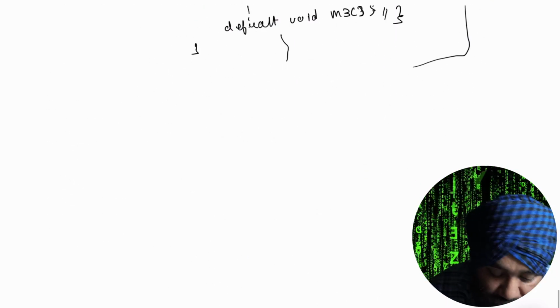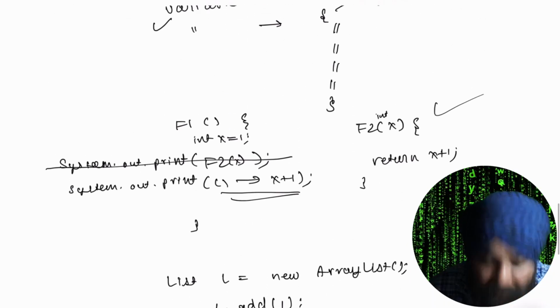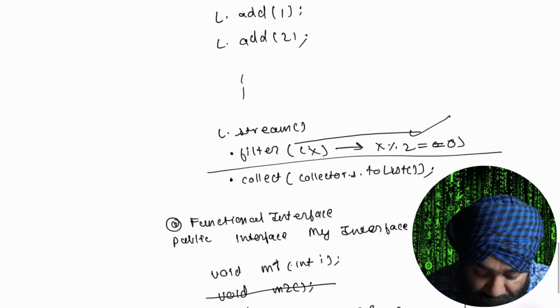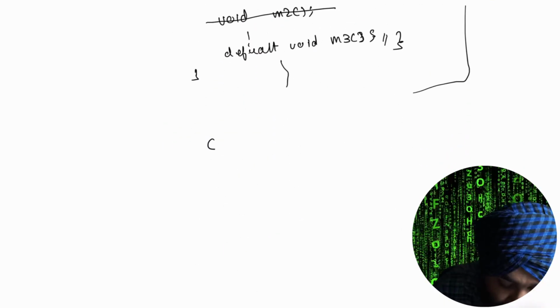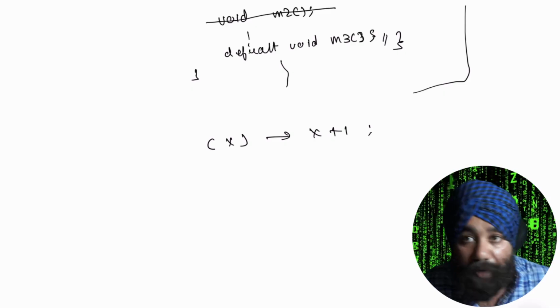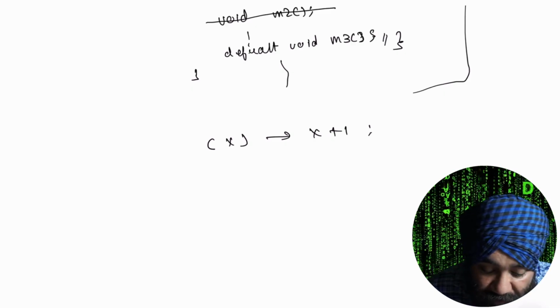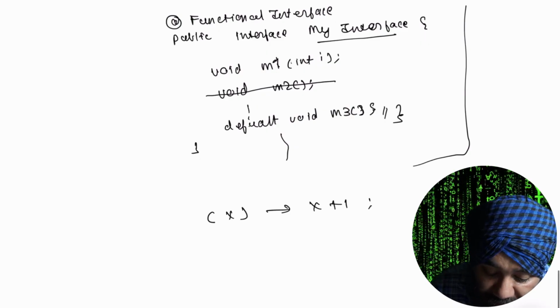Not exactly this one, because it is not taking an argument. So let's create a lambda expression here. We will say x plus 1. This is our lambda expression, and we can represent this using our MyInterface.